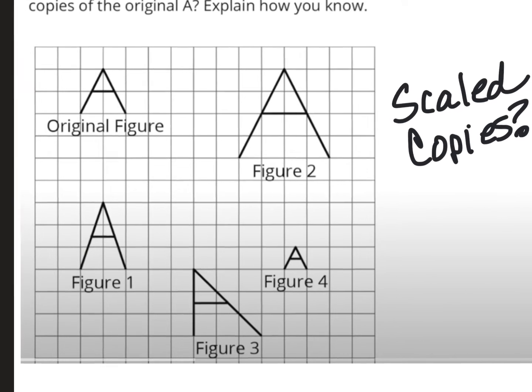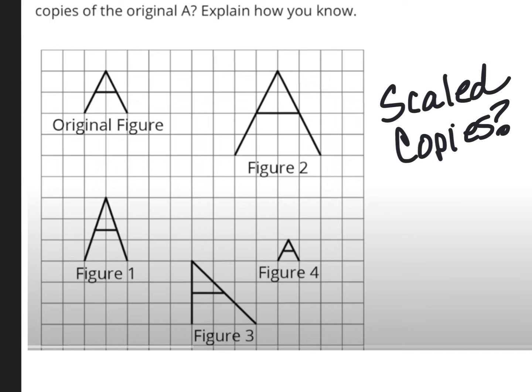I'm going to give you a minute to talk to the people at your table. And of course, if there are scaled copies, which the answer is probably yes, right? I can't ask you what the scaled copies are without also asking you for their scale factors. So let's see if we remember that. I'm going to give you just a minute. Y'all talk to each other, see if you got it.